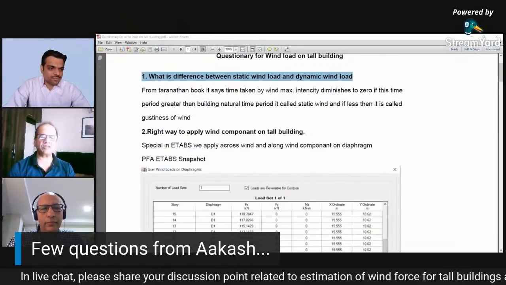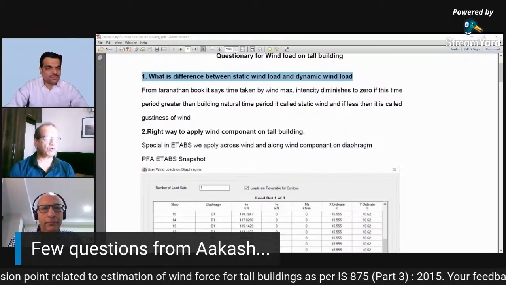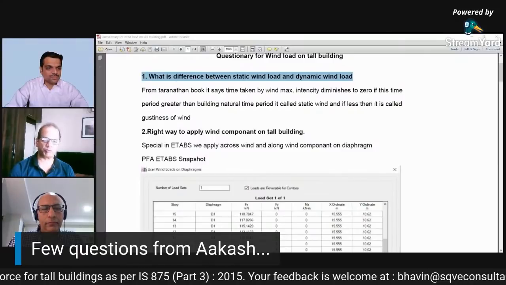If the building is rigid, much stiffer, then only the force divided by the stiffness of the structure is the displacement, which is directly a static response.